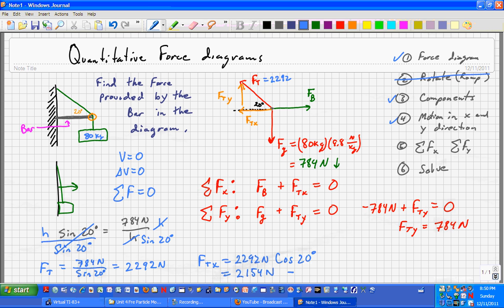And that's going to be in the negative direction since my force is headed to the left.